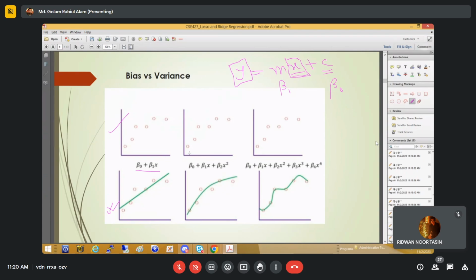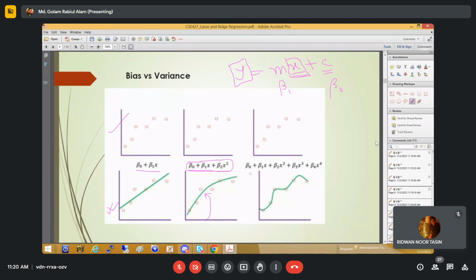Now, we can also apply other models, like a polynomial model. Here it is beta 0, beta 1x plus beta 2x square. If we fit using this polynomial, then maybe we will get this kind of curve.